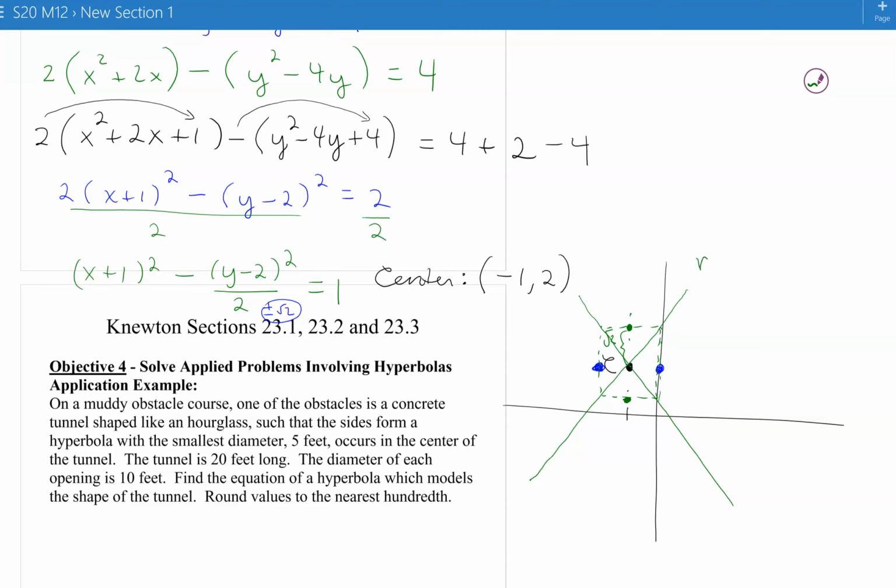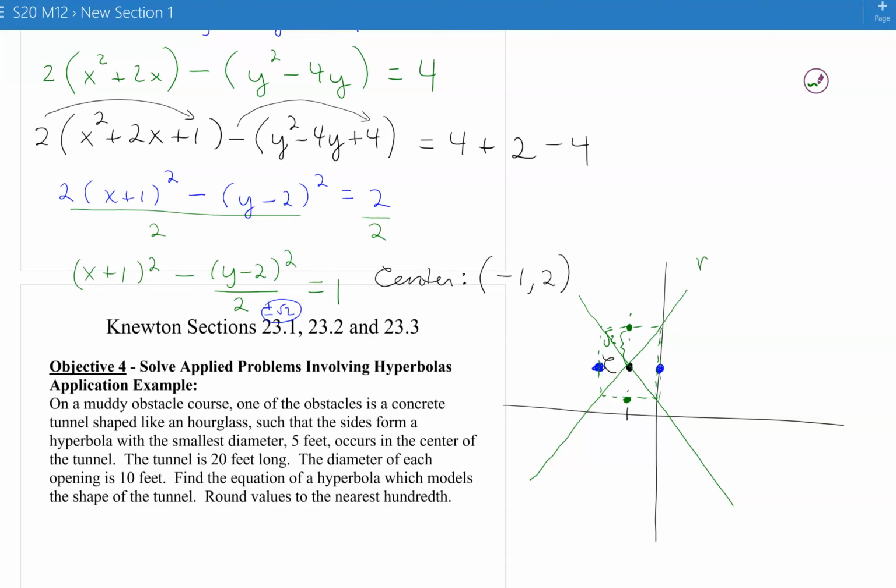So the equation of the asymptotes, I'm going to write it in point slope form. So I have y minus 2 equals plus or minus square root of 2 times x plus 1. So those are the equations of my two asymptotes.